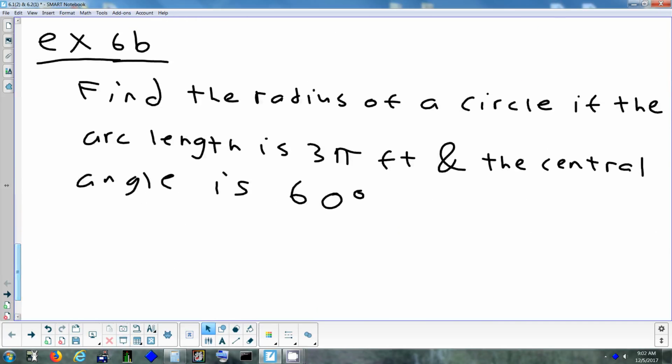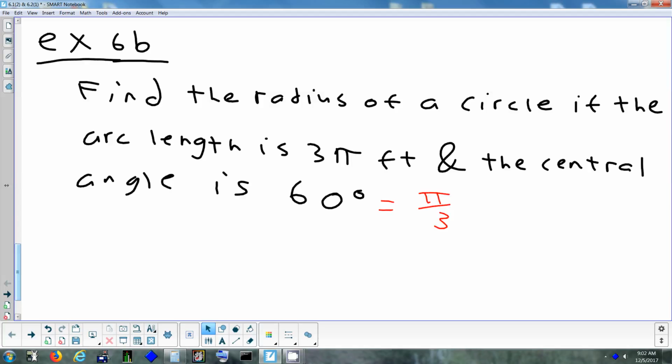Yeah? The angle is in degrees, not radians. Right, so before we even plug anything into a formula, we should fix that 60 degrees. Can anybody tell me what 60 degrees would be in radians? Pi over 3. Yep, pi over 3.